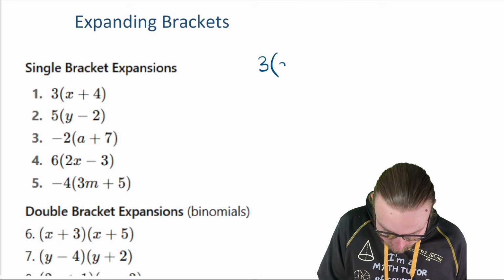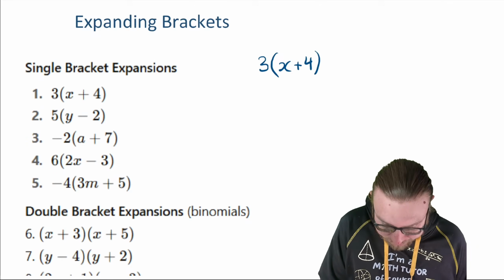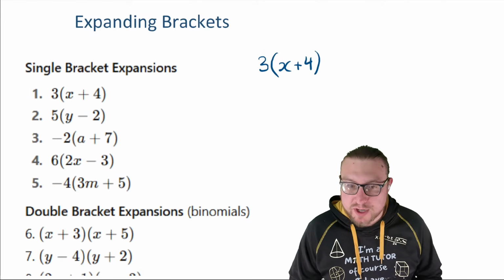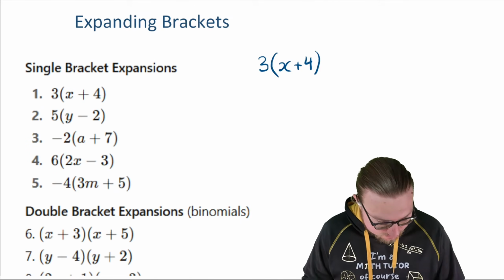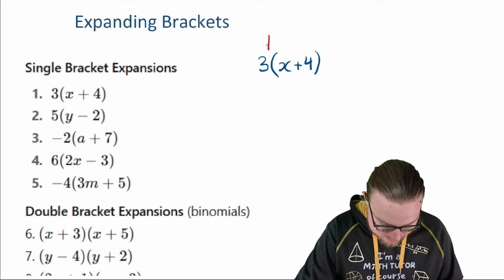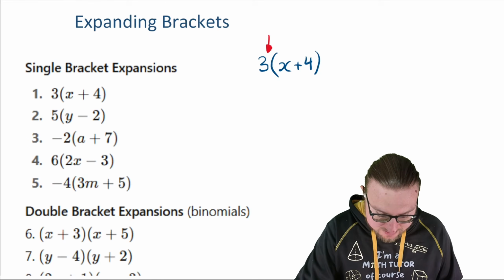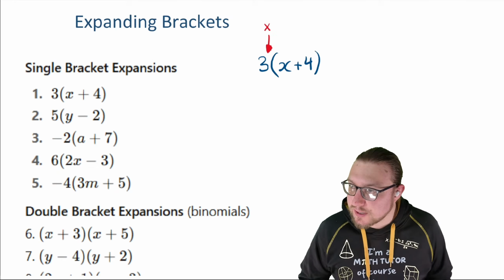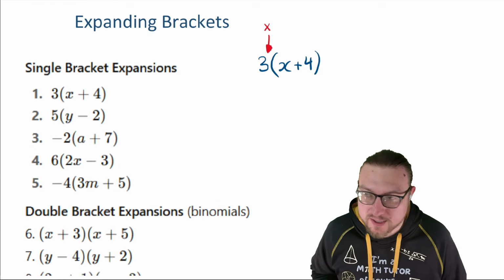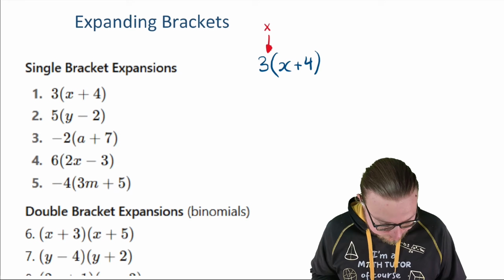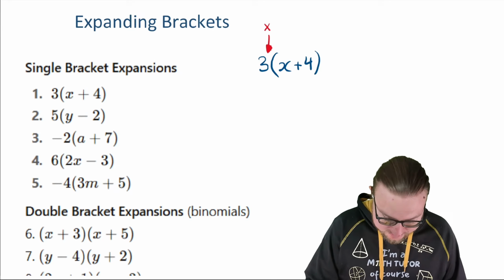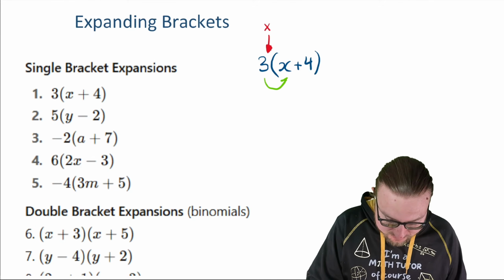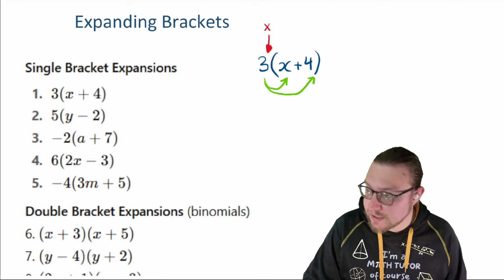We have 3 open bracket x plus 4. Between brackets and numbers, you guys need to always remember that there is an invisible times. So that means 3 is multiplied by, in brackets, x plus 4. And now what we need to do is whatever is in front of the brackets is multiplied with each part in the brackets.